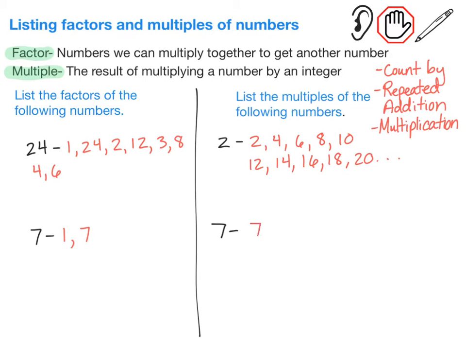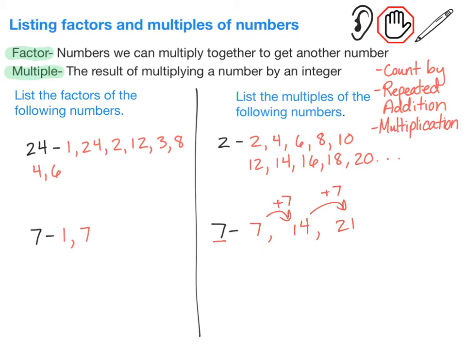For 7, you could think about it as repeated addition. So 7 plus 7 is 14. 14 plus 7 is 21. Or I could think of it as multiplication, so multiply this number by an integer.